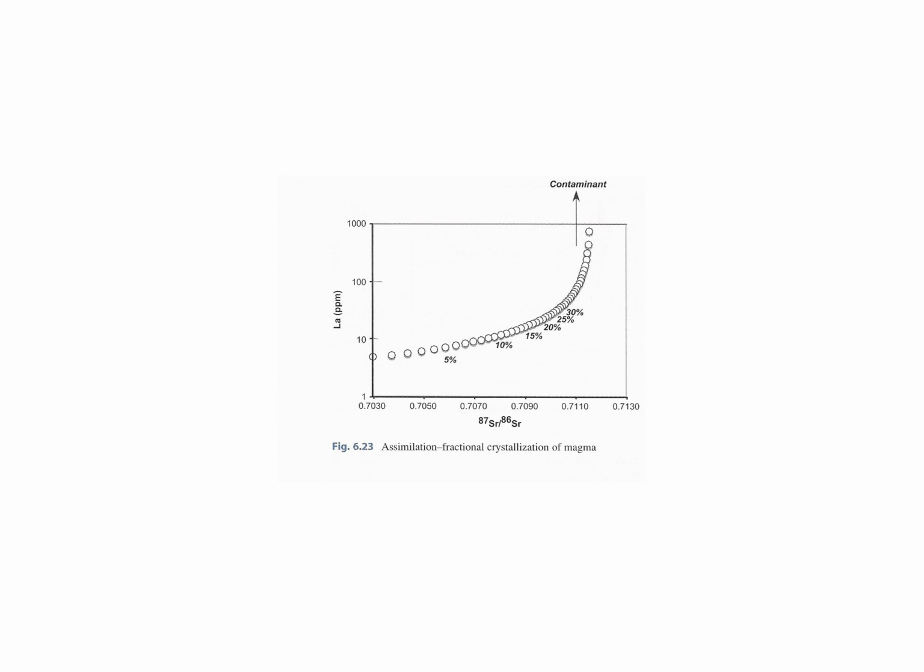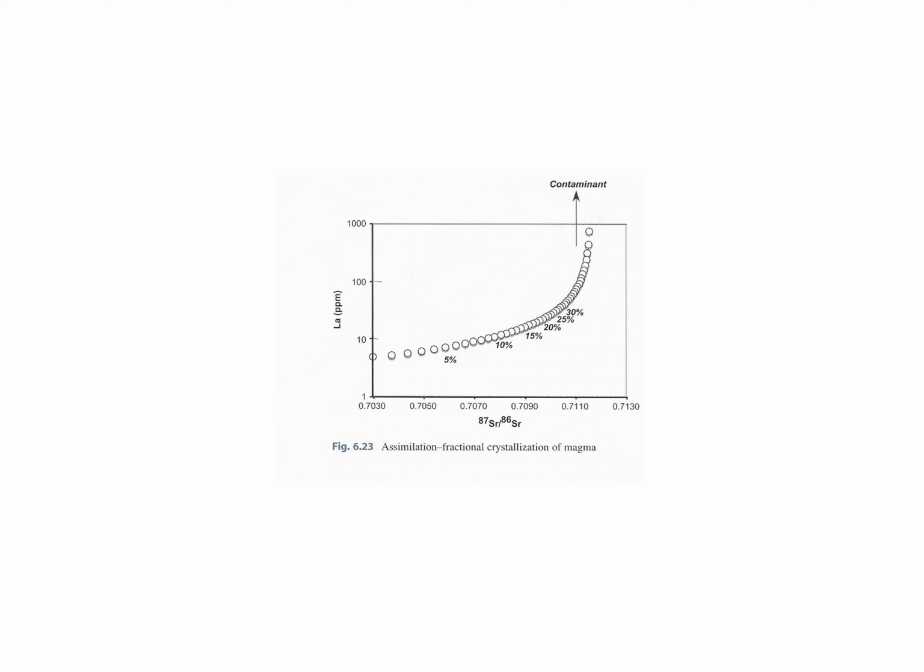So then we have here assimilation and fractional crystallization of magma. Here we have lanthanum on the y-axis, and lanthanum, as far as you know, is a light rare earth element, very much on the left hand of the incompatible elements, versus the strontium isotopic ratios.